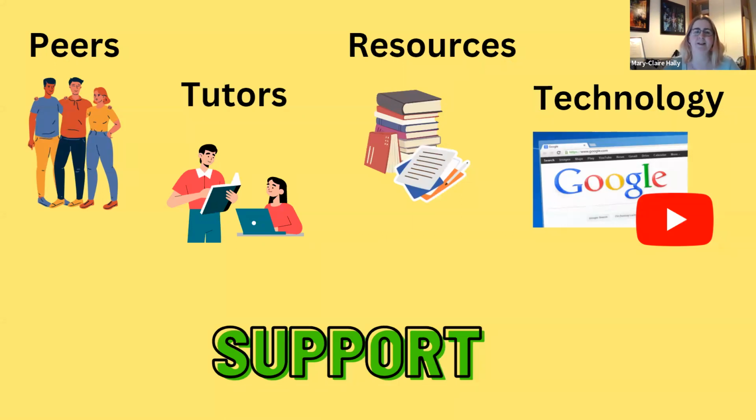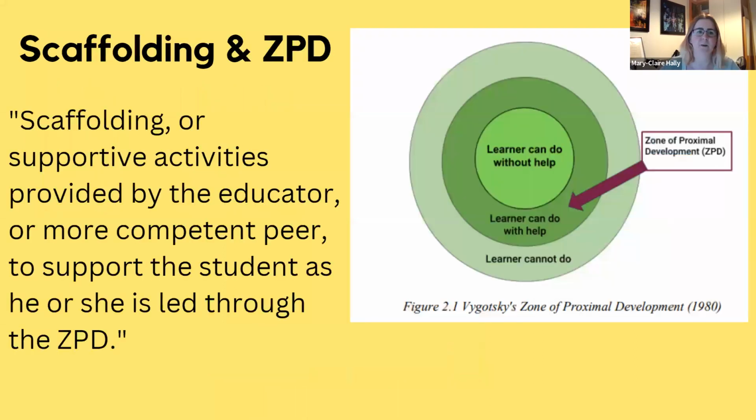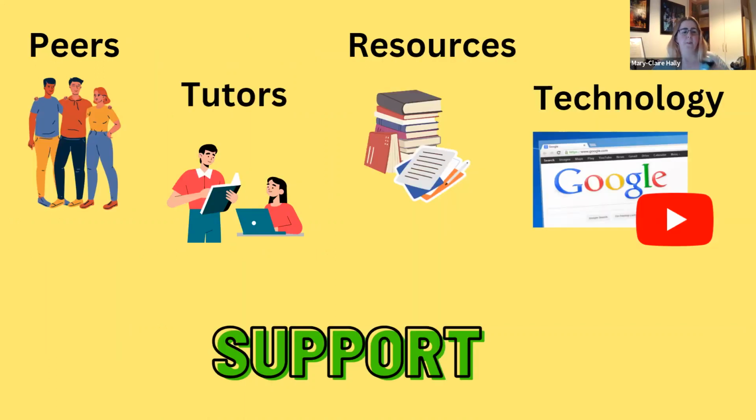So with this, we need to give support, like it said in this quote here, scaffolding or supportive activities provided by the educator or more competent peer support the student to develop their skills, okay? So that support can come from many different areas, and there's more areas than I have up here, really.